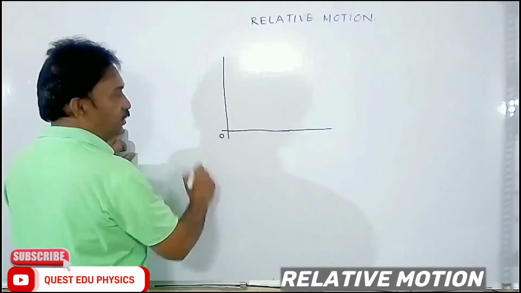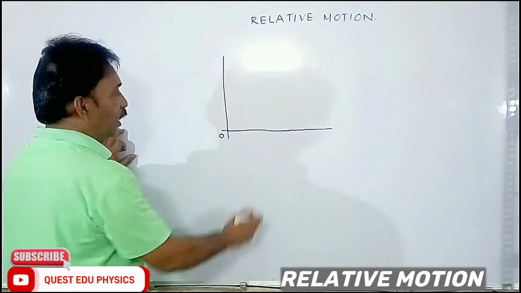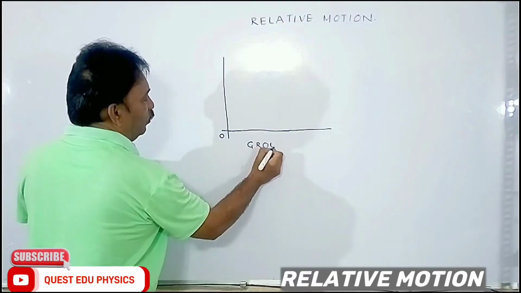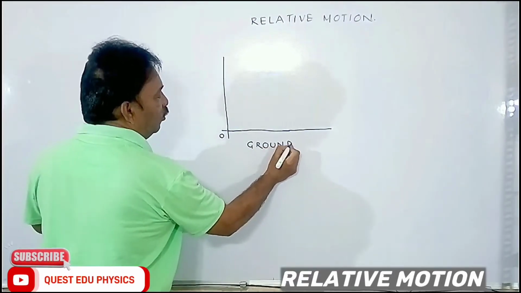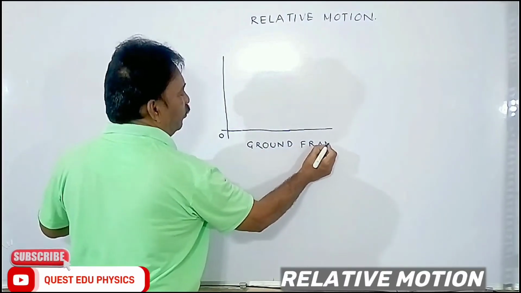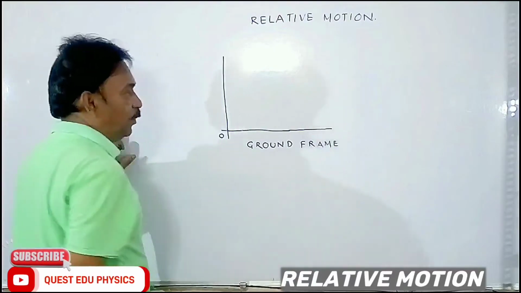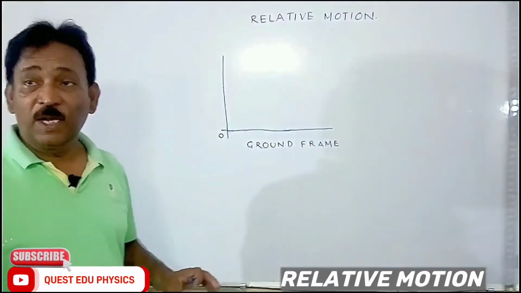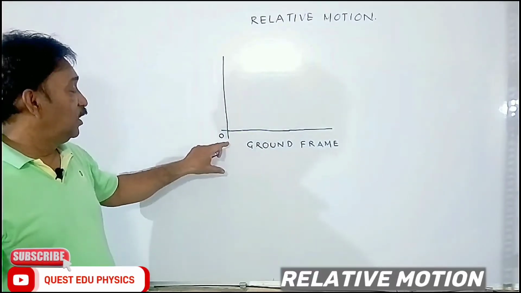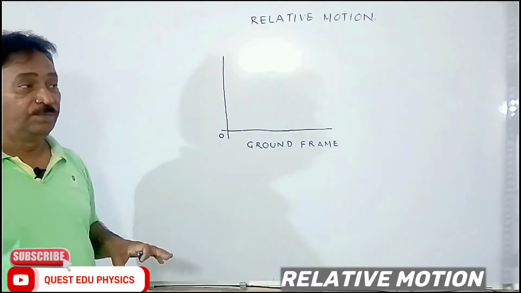Say this is the origin and this is the ground frame. It means we are observing the position of the body with respect to this ground.